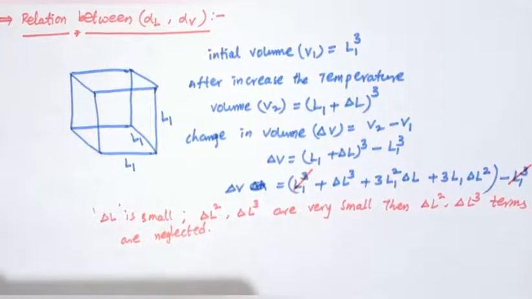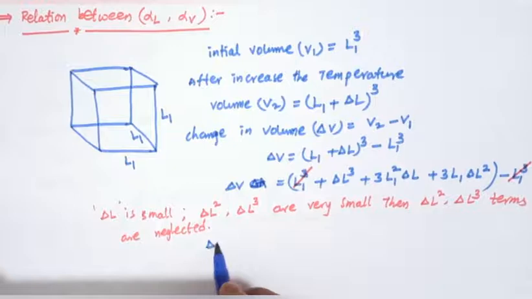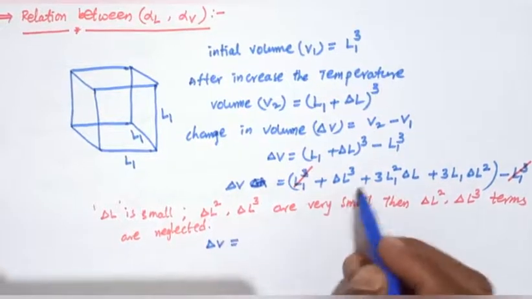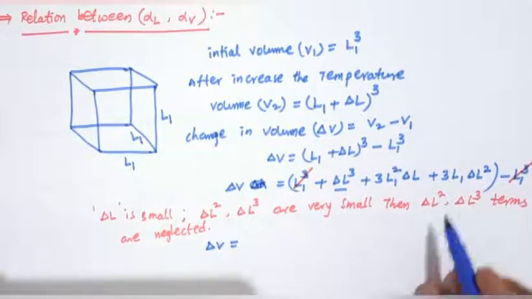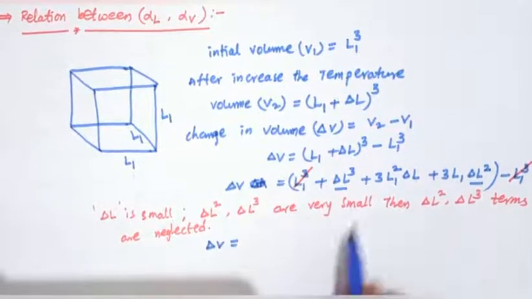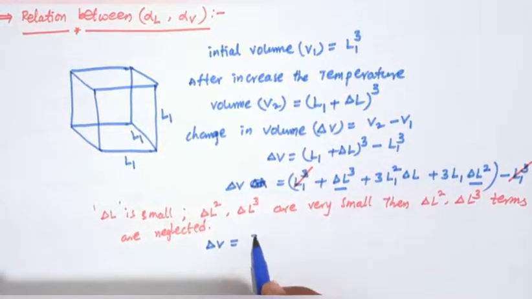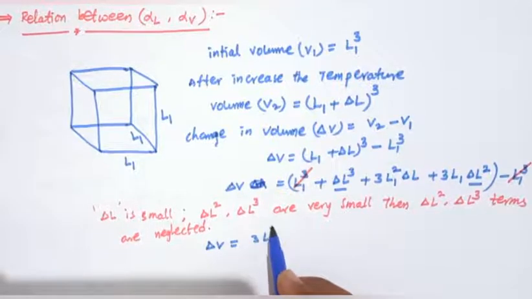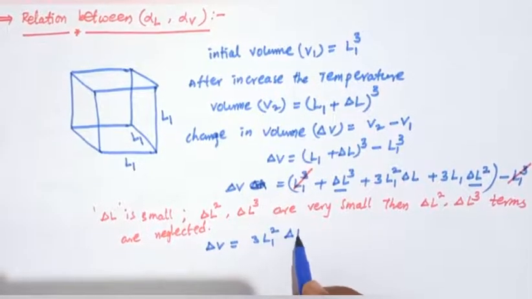So delta V remaining equals 3 L1 square into delta L.